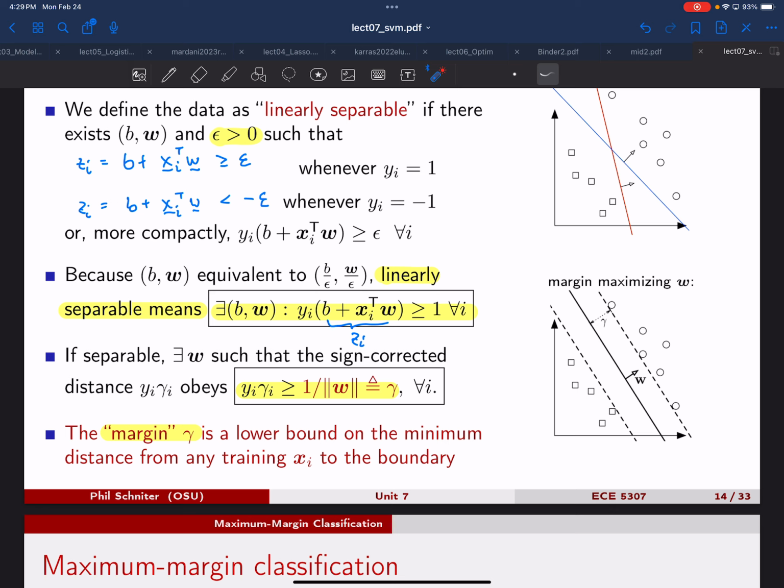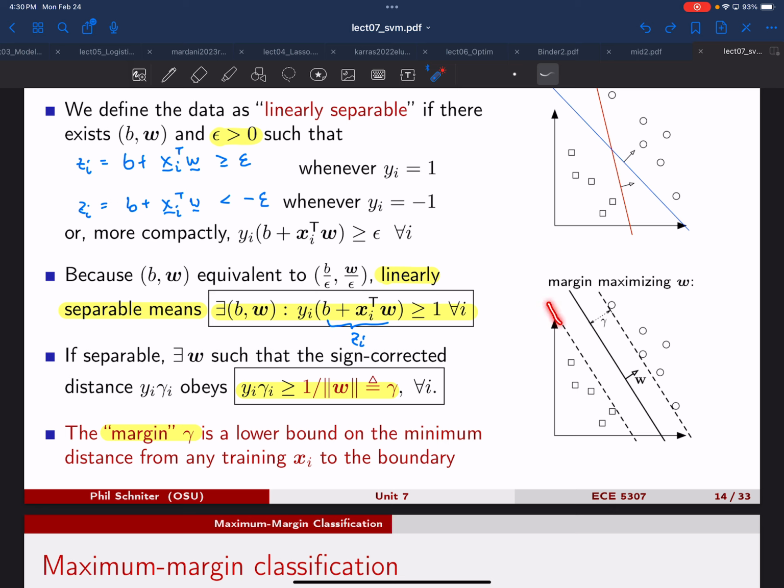Maybe these are all positive distance and these are all negative distance, but if you change the sign on all the negative distances, basically it's saying that all the points are at least a distance of gamma, or a distance of 1 over norm of W, from the boundary.